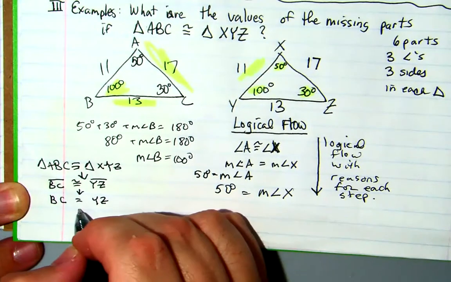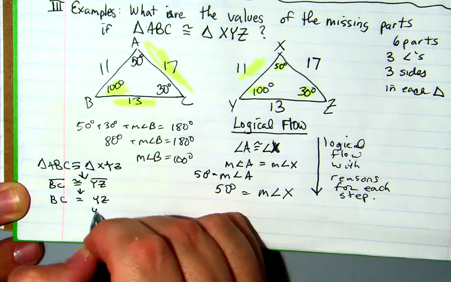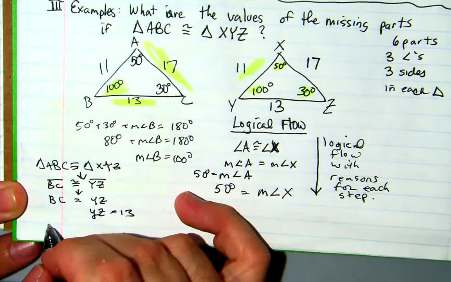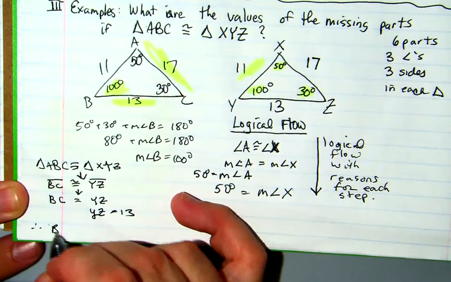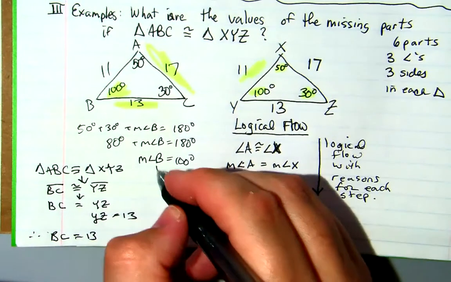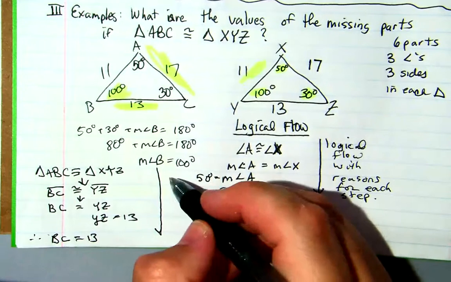But I know YZ is equal to 13, so therefore BC has to be equal to 13 as well. And this is the logical flow.